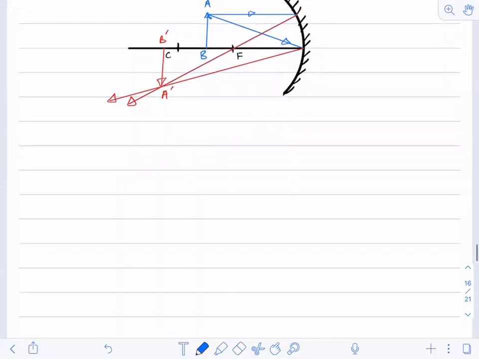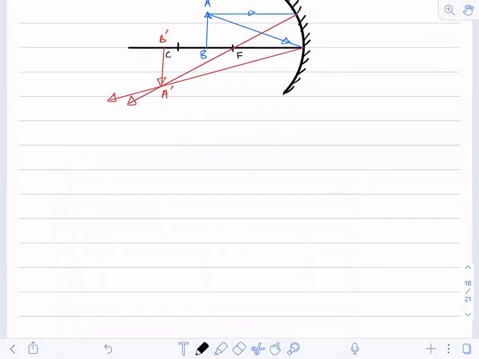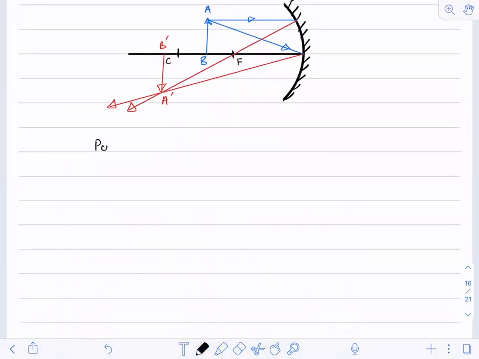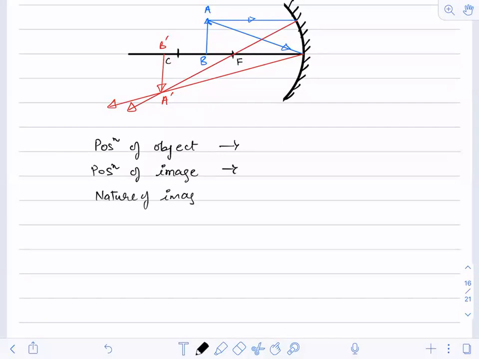Now you tell me about the images. First point, position of the object: where I have kept the object. Then position of image: where is the image formed. Then nature of image, then size of image.